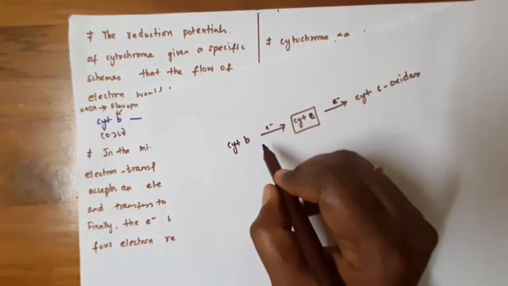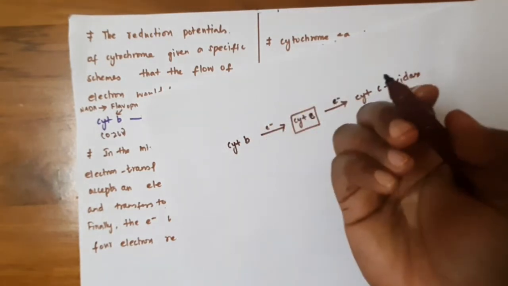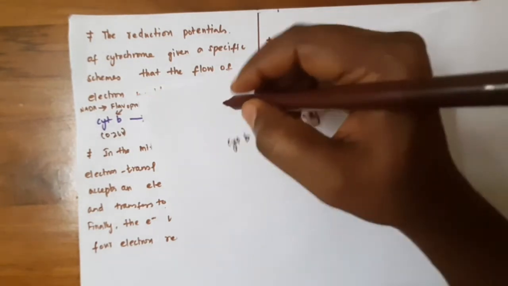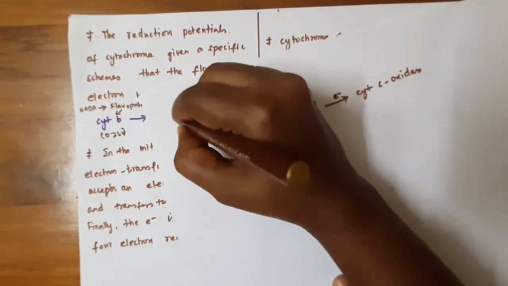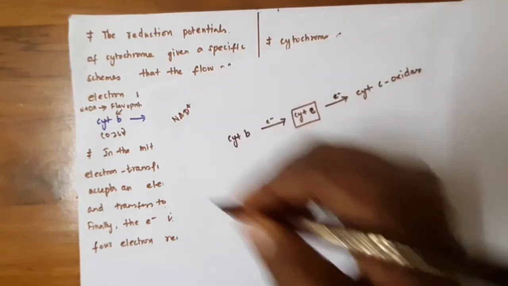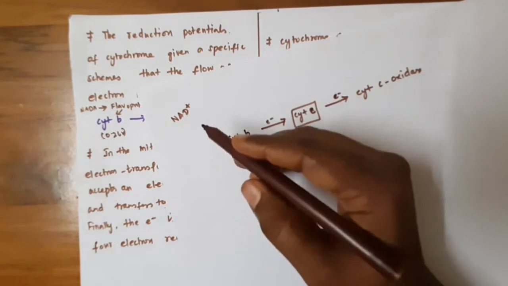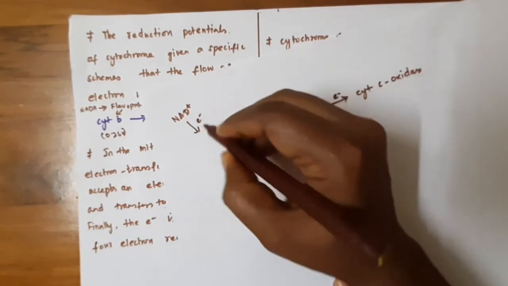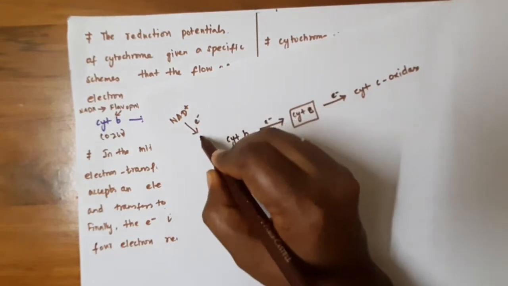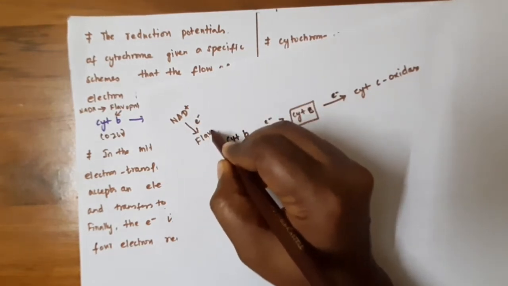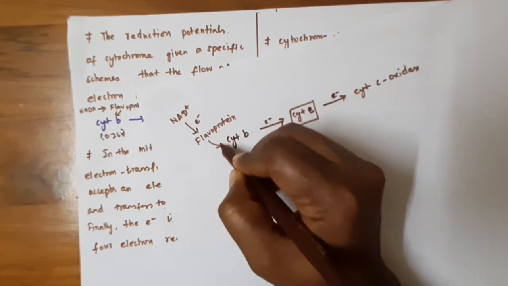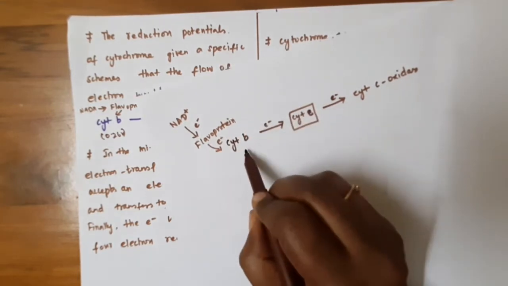This electron mainly comes from glucose, when the glucose molecules get oxidized and release the electrons. During this, NAD plus, which is a redox agent involved in electron transport, transfers the electron to flavoprotein, and the flavoprotein transfers the electron to cytochrome B.